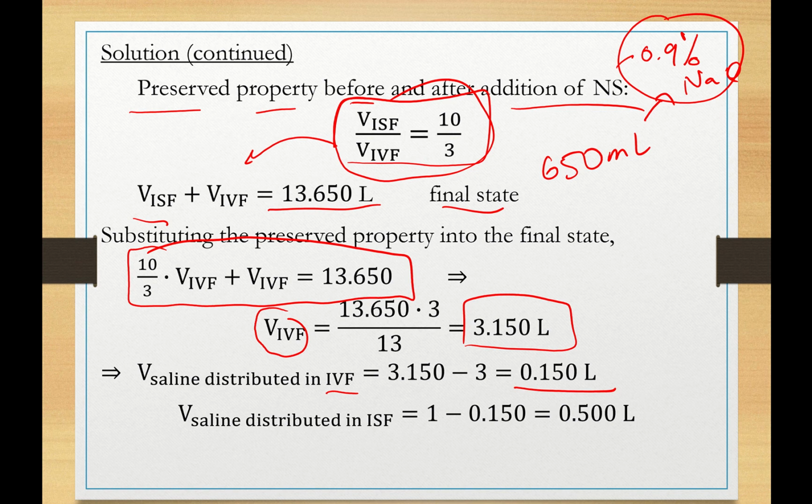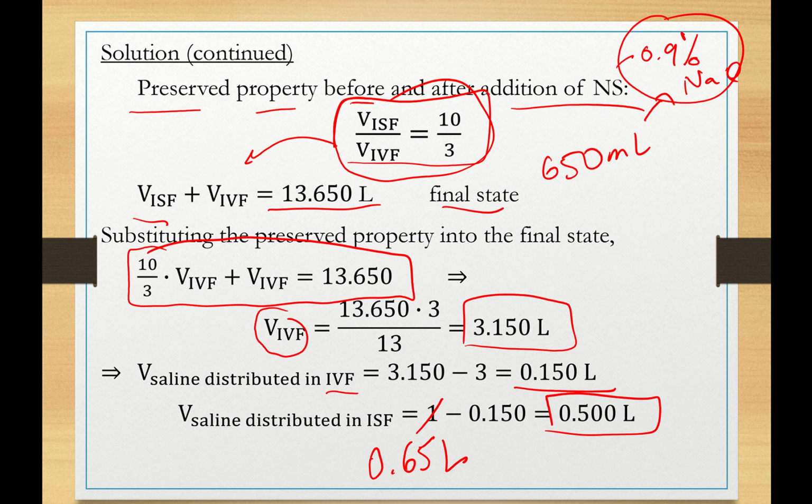And of course the volume of saline distributed into the interstitial tissue is, that shouldn't be 1 there, it should be 650 ml or 0.65 liters. This is why I got a little bit confused there, but we figured it out.